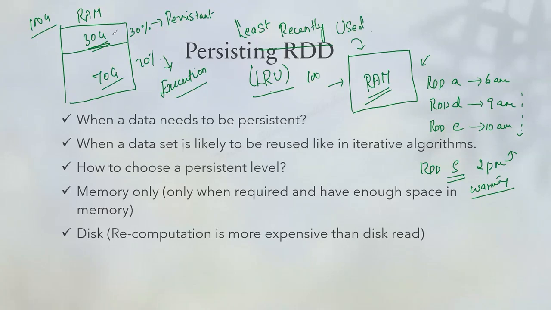Of course, you as a developer will be able to see this. There is a warning which states, okay, you're reaching the threshold point. Beyond this, if you keep on persisting, the complete persistent memory gets occupied.